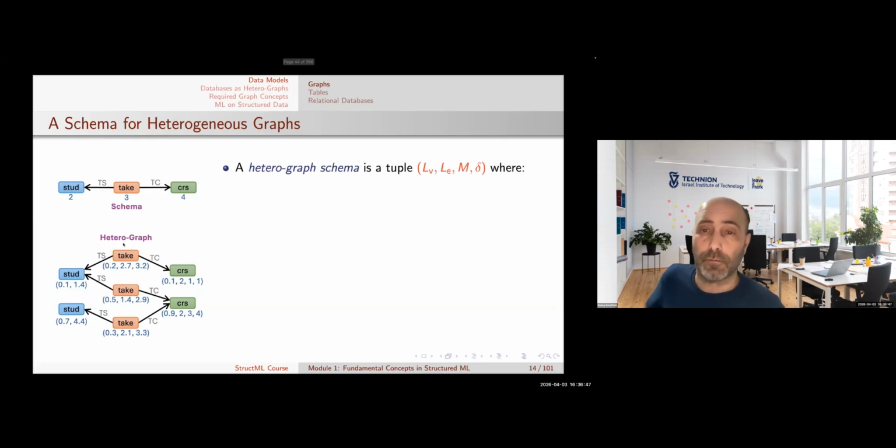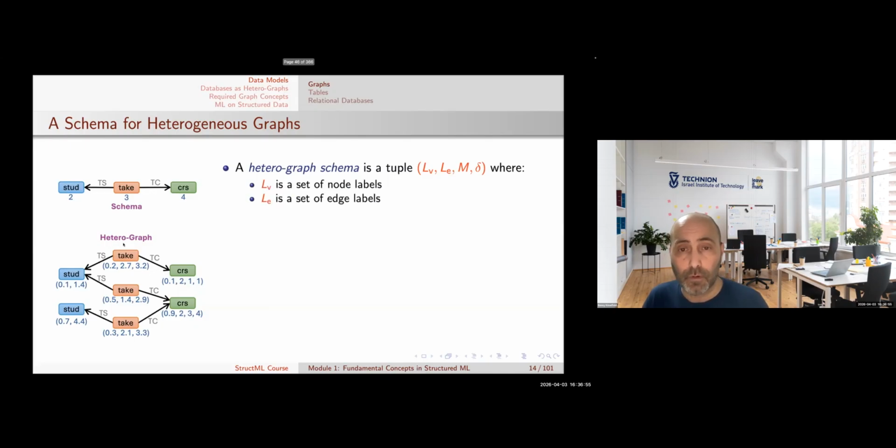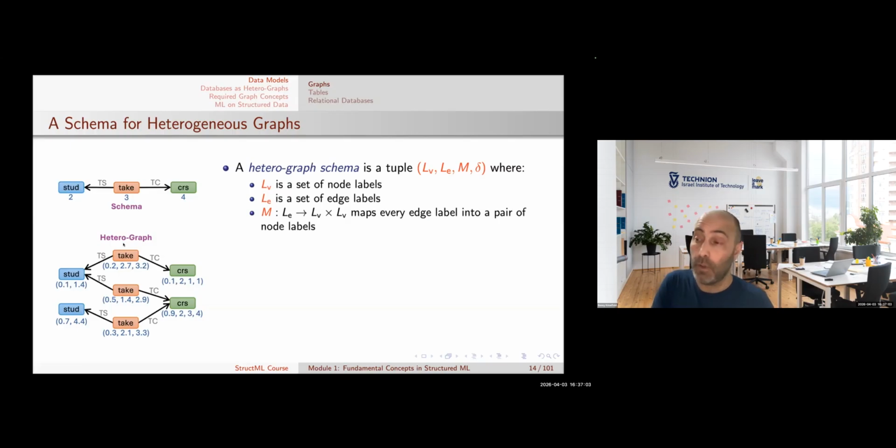A heterograph schema consists of LV, LE, M, and delta. LV is a set of node labels, LE is a set of edge labels. M maps every edge label to a pair of node labels, source label and target label. And delta gives us basically the D, mapping every node label to a dimension, a natural number.